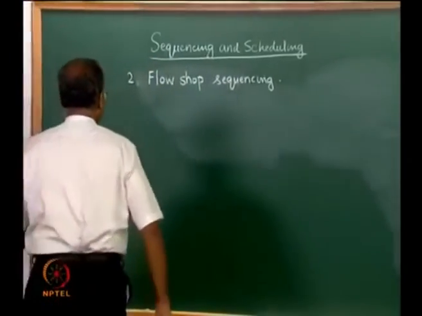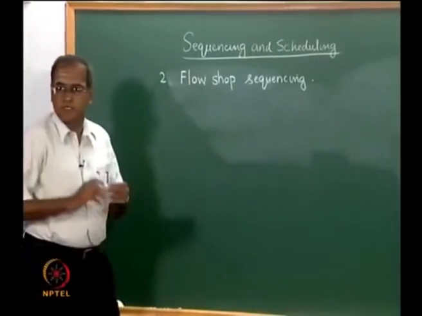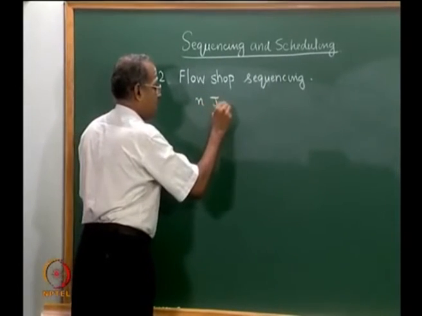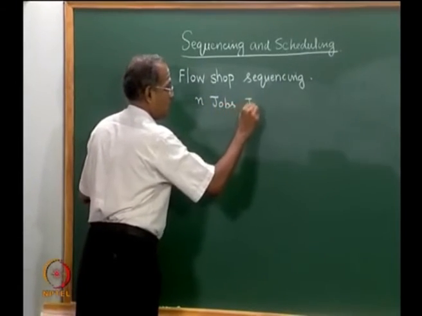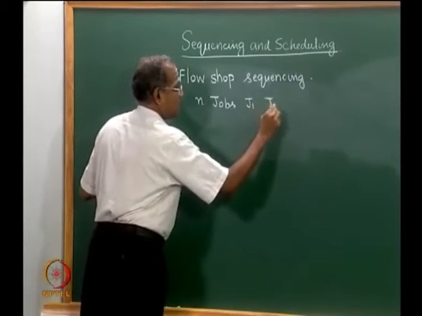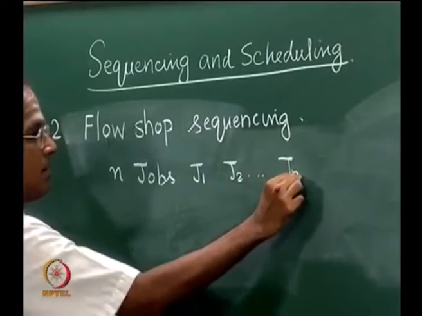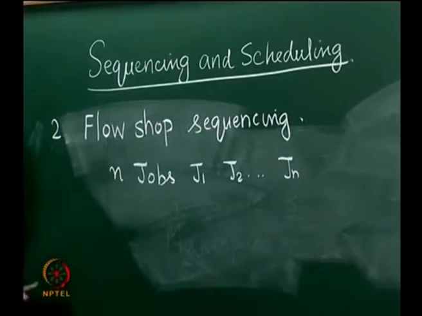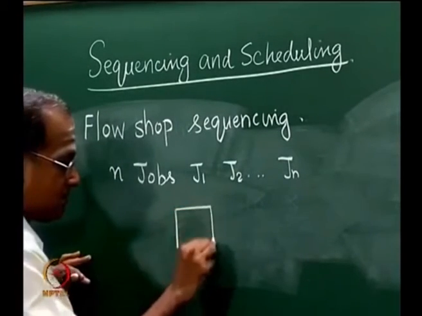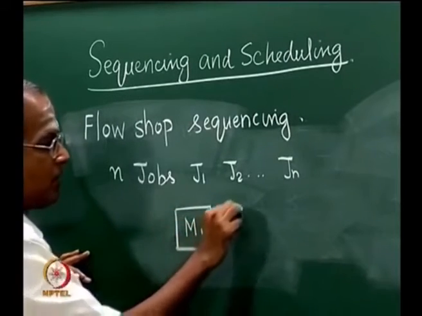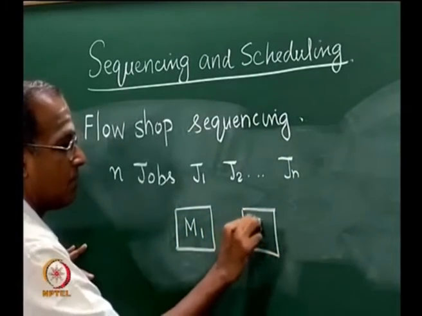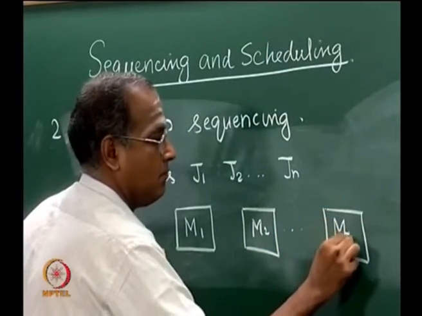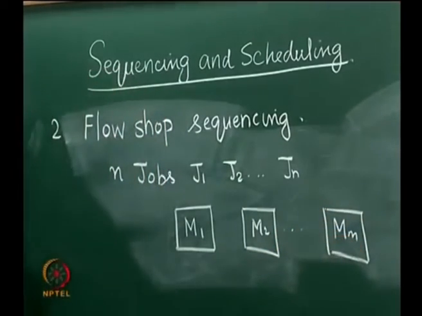As we have already mentioned, a flow shop is a shop where, say, we have n jobs, J1 up to Jn, and then we have m machines which we would call M1, M2 up to Mm.